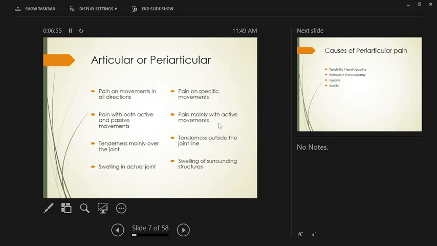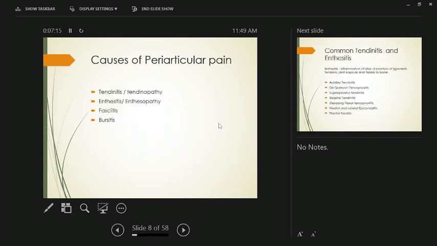Tenderness is mainly over the joint itself when it is articular. When it is periarticular, the tenderness is outside the joint line. And swelling, when it's articular, will be on the joint itself, but in periarticular pain it will be around the surrounding structures which are involved.